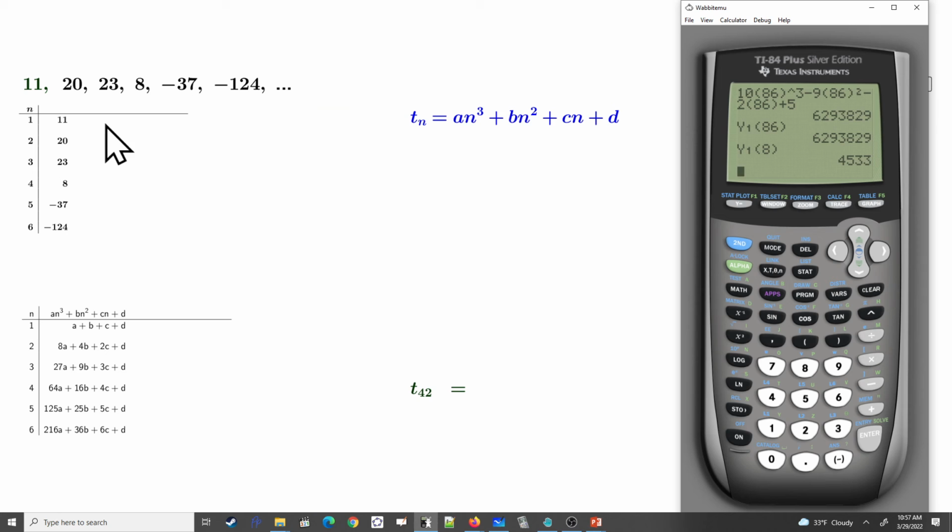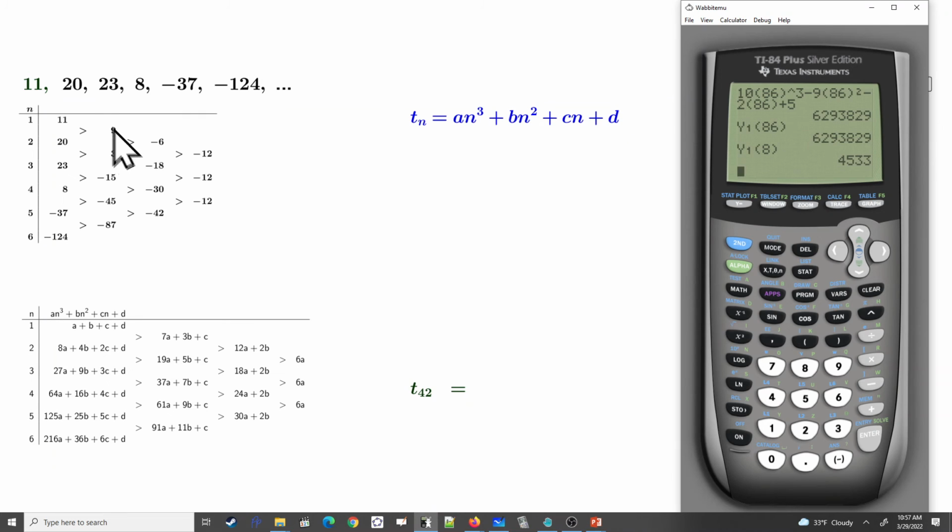So as I figure out the difference between 11 and 20 and 23, and 23 and 8, and 8, negative 37, and negative 124, and realize I do not have a finite difference in the first degree, and I take the 9, 3, and negative 15, negative 45, and negative 87, and find out those differences, and realize here I don't have a finite difference in the second degree.